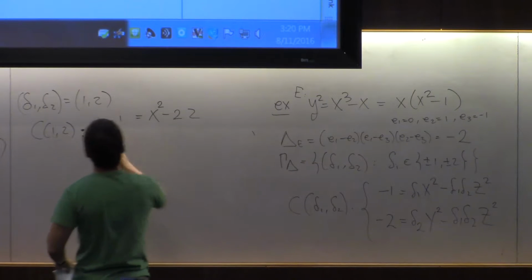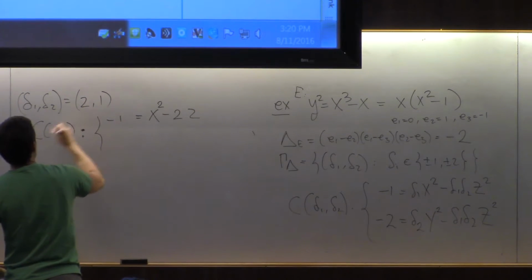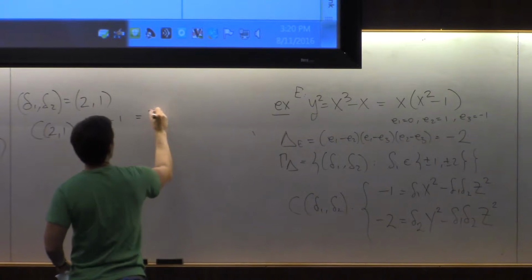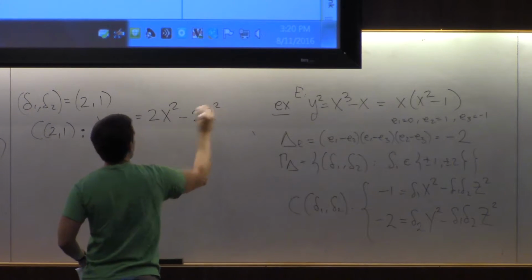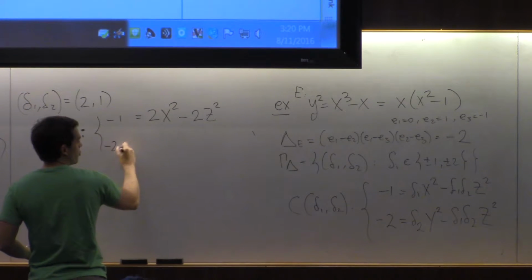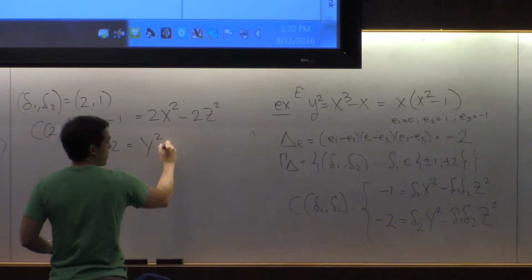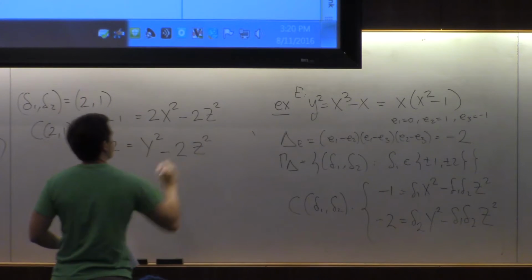No, it's (2, 1). So it is 2x squared minus 2z squared, and minus 2 equals, delta 2 is 1, so it's y squared minus 2z squared.